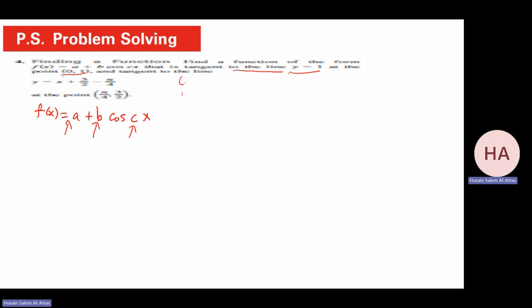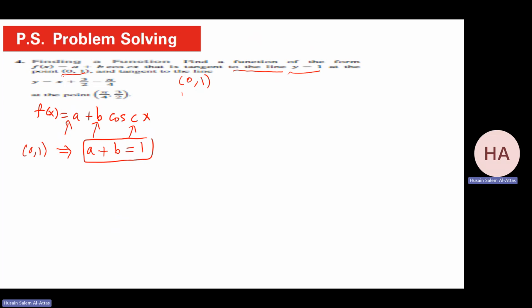So it means 0, 1 satisfies the function. So 0, 1 gives me A plus B cosine 0, which is 1, equal to 1. So this is my first equation.